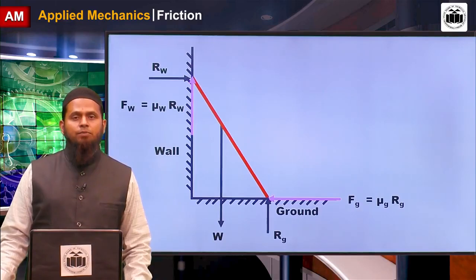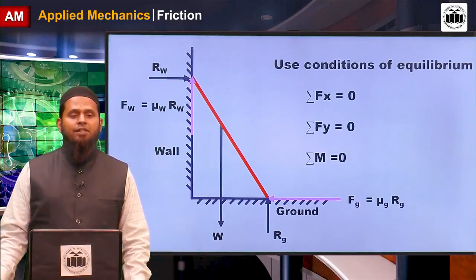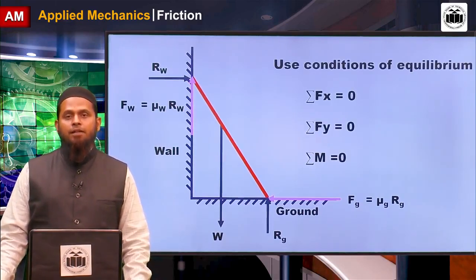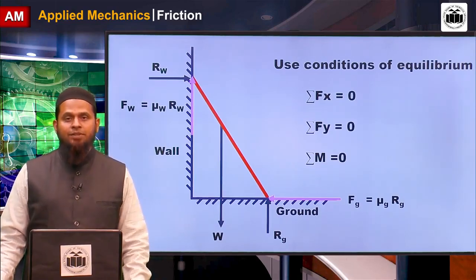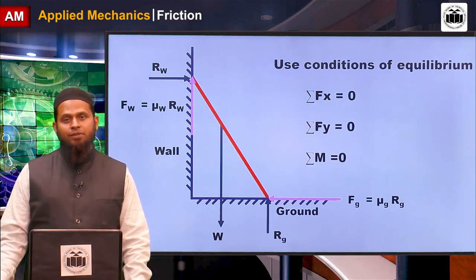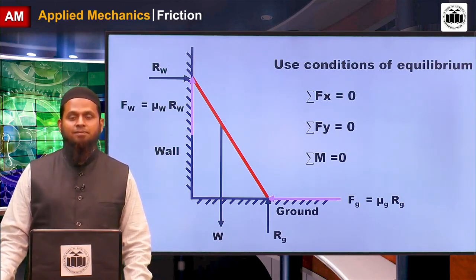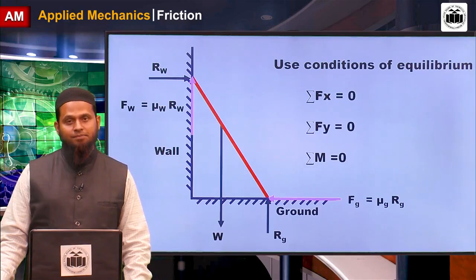For these types of problems, three conditions of equilibrium are used. First, summation Fx is equal to 0, summation Fy is equal to 0, and summation of moment is equal to 0. I hope you have understood this. Yes, sir. Thank you.